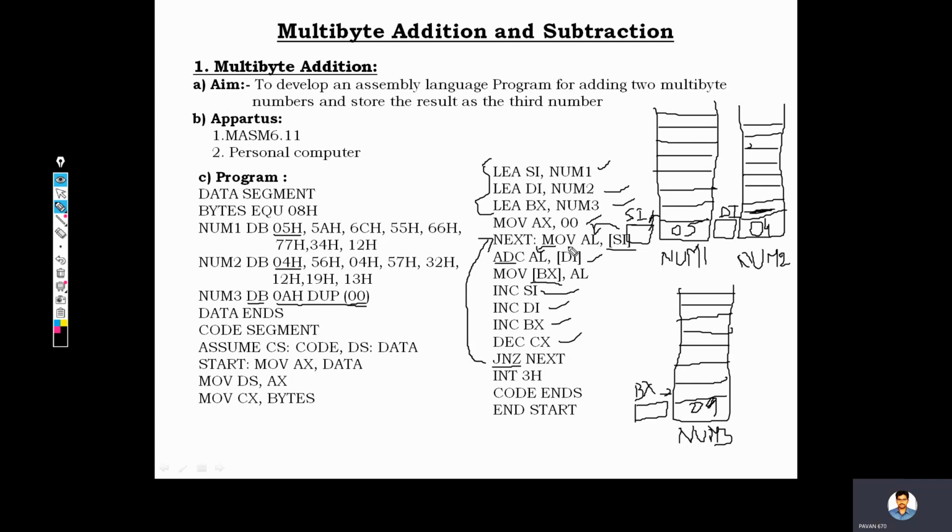Next, again MOV AL, [SI]. And by this time, what is the value that is getting loaded into AL now? 5AH.